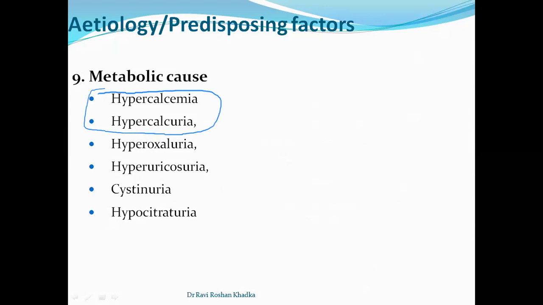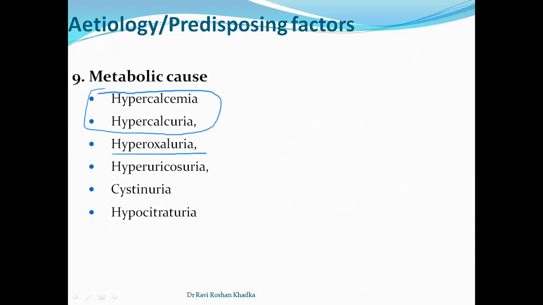These conditions can be caused by either increased absorption of calcium from the GIT, or hyperparathyroidism, where there is increased calcium and phosphate excretion in the urine, or some condition where the calcium which should be reabsorbed by the kidney is not reabsorbed, leading to hypercalciuria. In all of these three cases, it leads to excessive calcium inside the urine, and that leads to crystallization of calcium along with other ions, forming calcium stones.